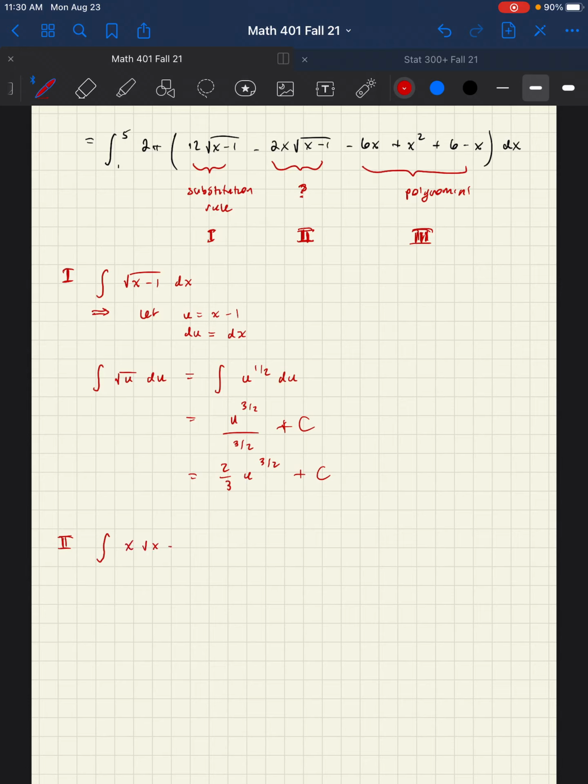As for 2, we are talking about the integral x square root of x minus 1 dx. And how do we deal with this one? This one is going to use the same substitution, actually, because if we let u equals x minus 1, and again, du equals dx, so that also is nice.